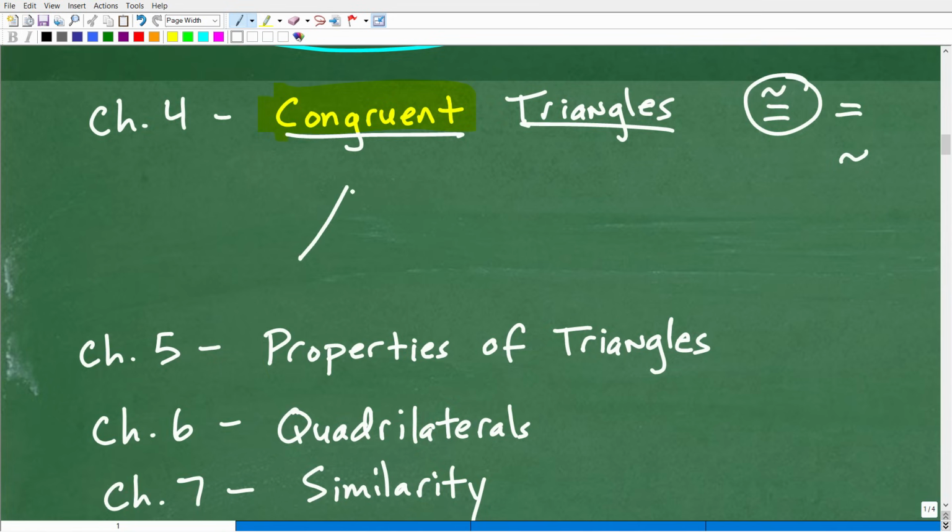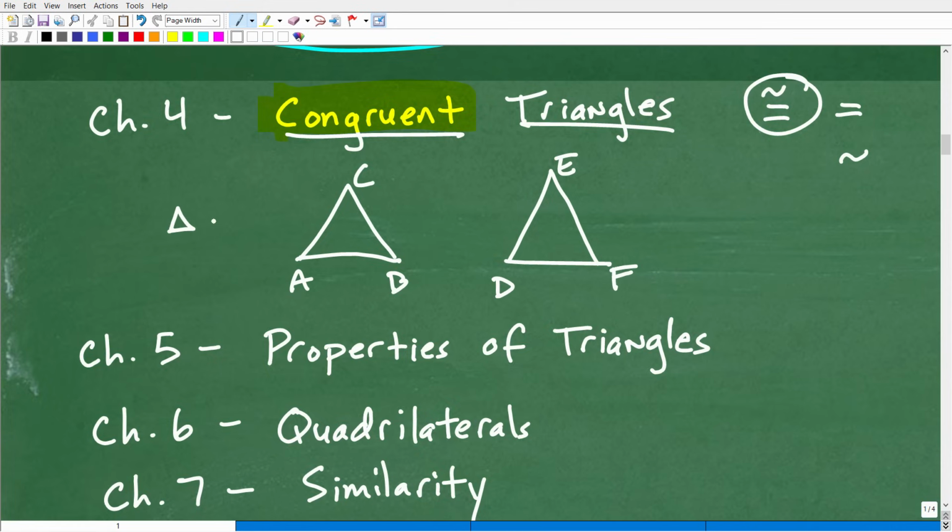So if I have a triangle right here, let's call this A, B, C, and I have the exact same size and shape, let's call this D, E, F. So I can write this way, triangle A, C, B, and triangle D, E, F.